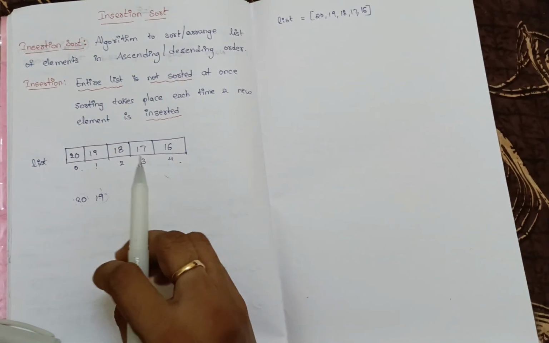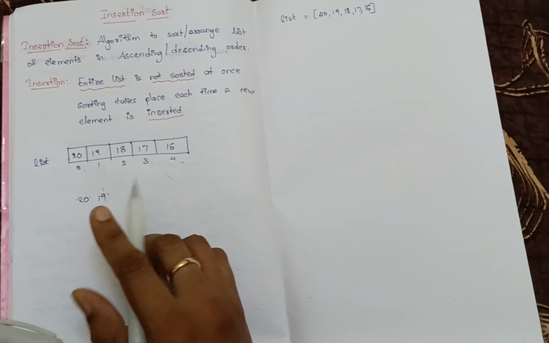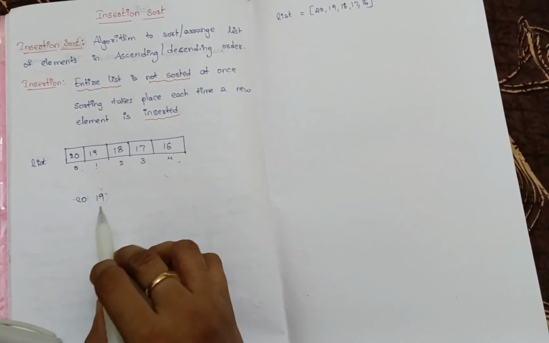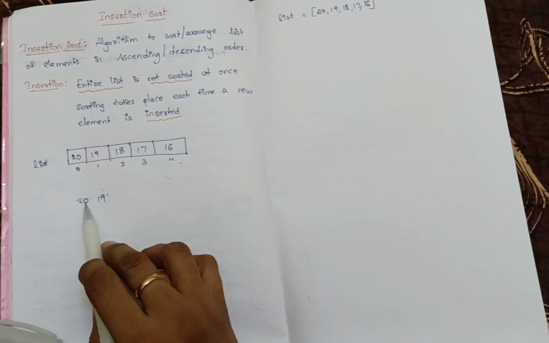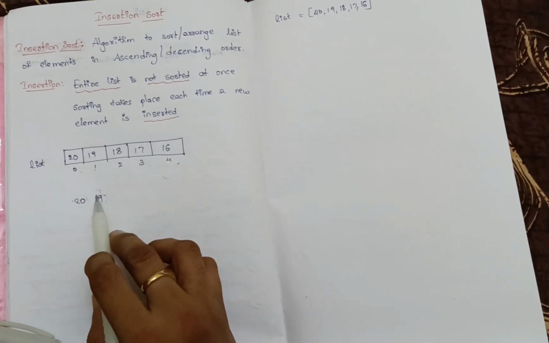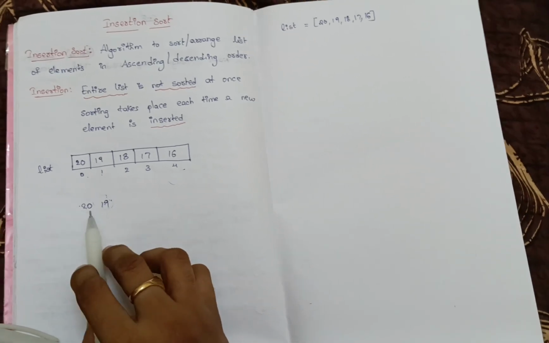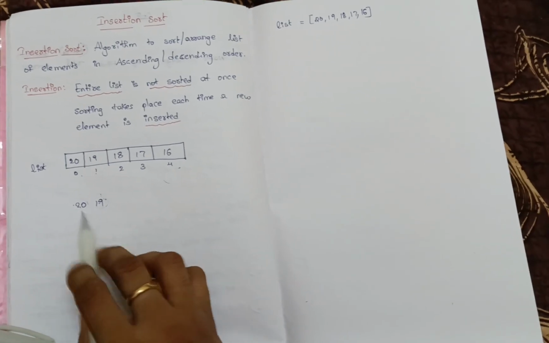This is the same logic we use in insertion sort. Whenever a new insertion happens, we compare that new insertion with the previous element. If the newly inserted value is less than the preceding value, then we'll swap those numbers.